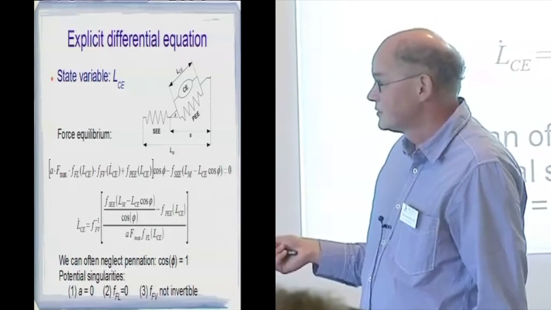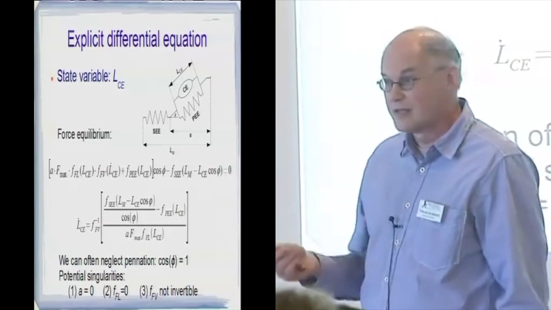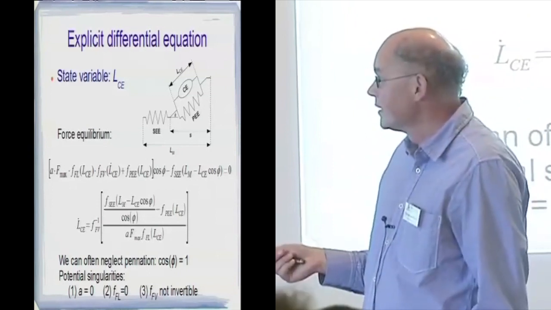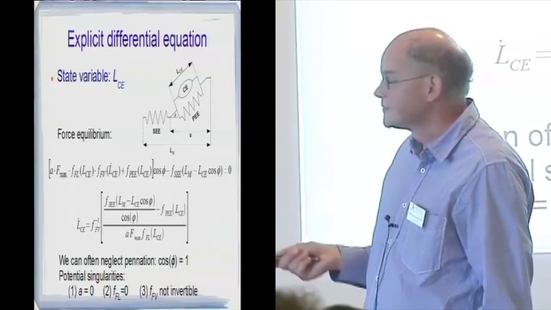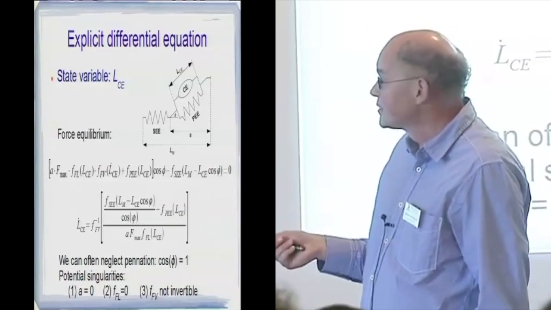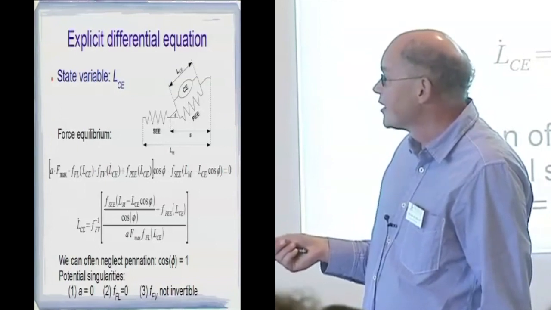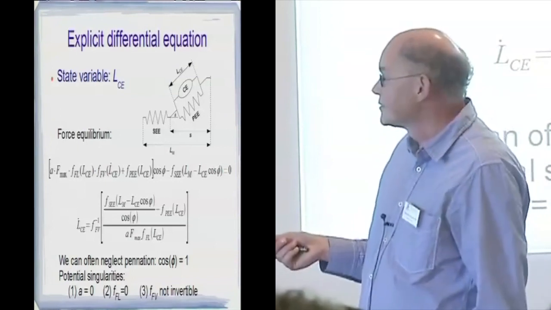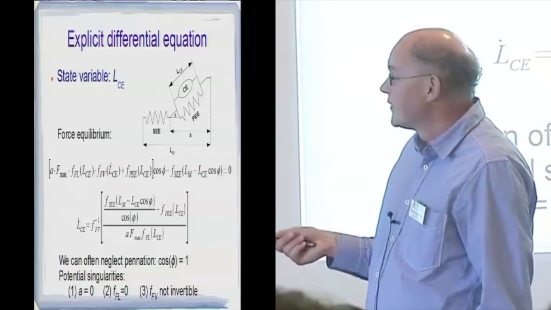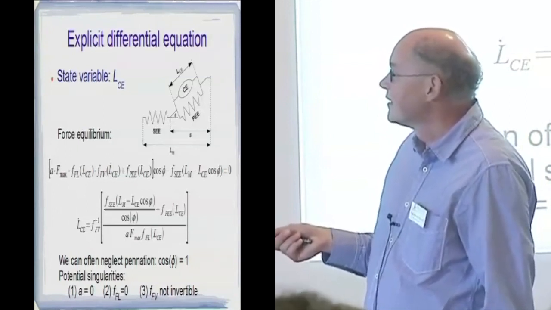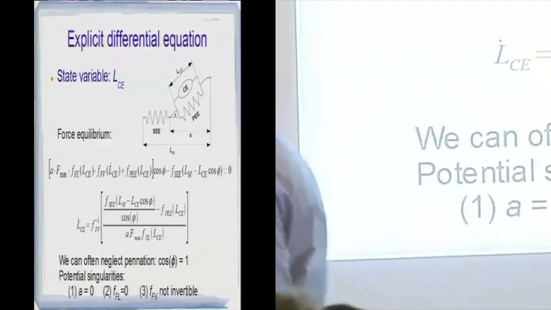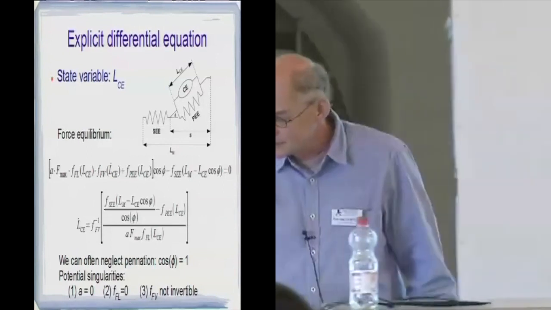I often just neglect the whole pennation and say that it's always 0. There are other potential singularities, for instance, when the activation is 0, or when your muscle fibers are at a length that they cannot produce any force, then you're also dividing by 0. And then there's a third one related to this force-velocity relationship, which isn't really invertible all the time.